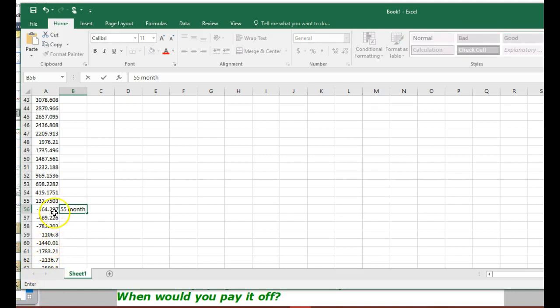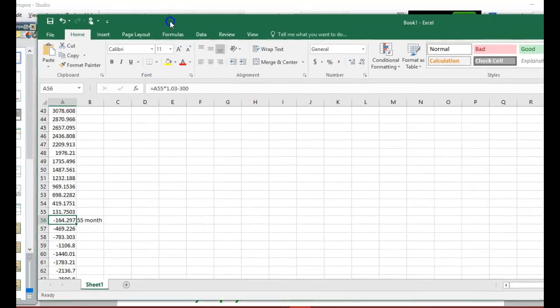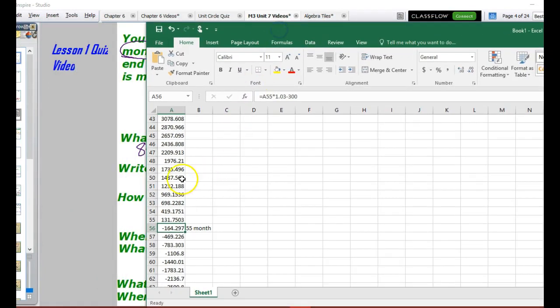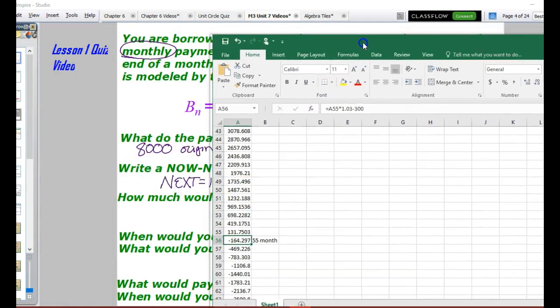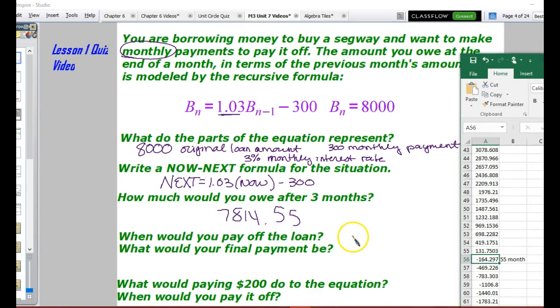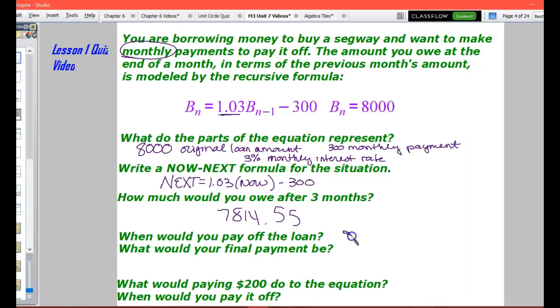I would owe no more money. I have a negative balance. So when will you pay it off? We would say that would be in the 55th month. And remember, that shift is because the 8,000 up top was in A1. That wasn't month 1. So my 55th month, pardon my pen writing here, 55 months.